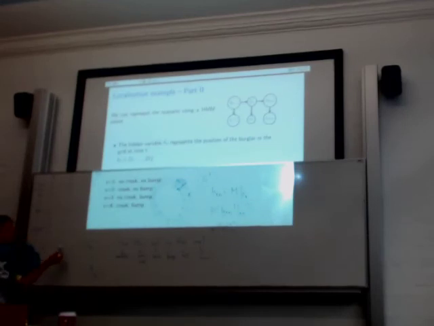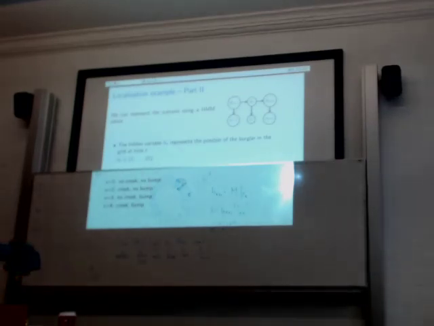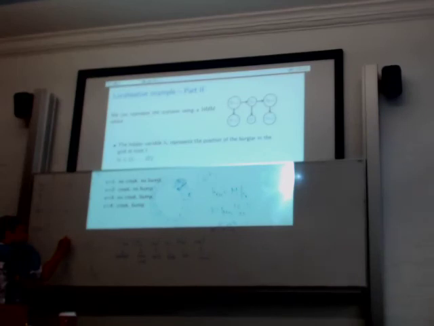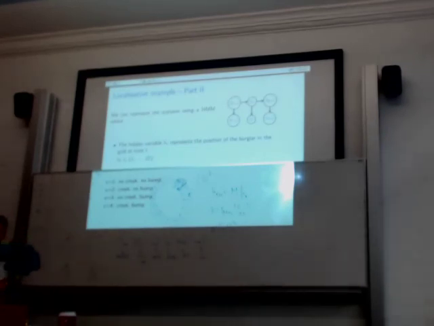For example, if this is a verb, what's the probability distribution over words for verbs?